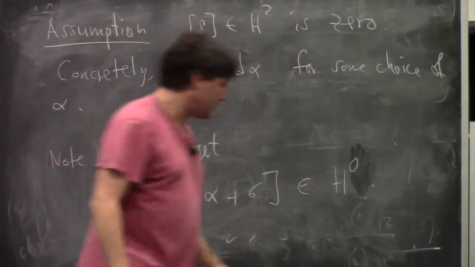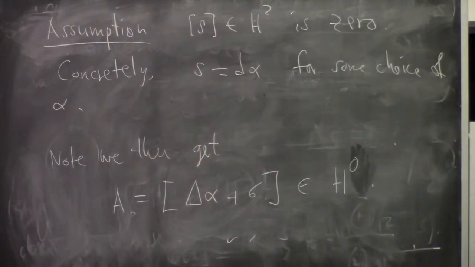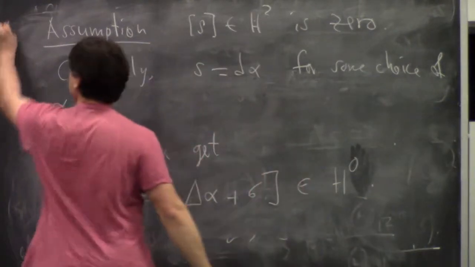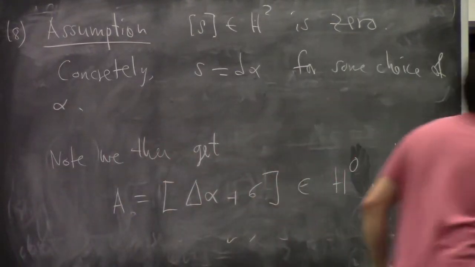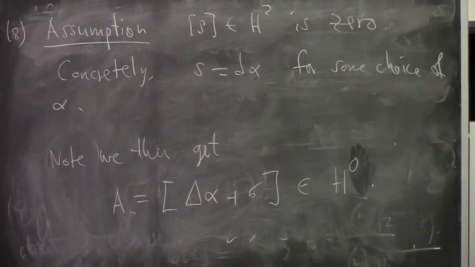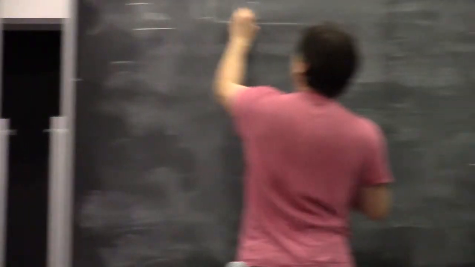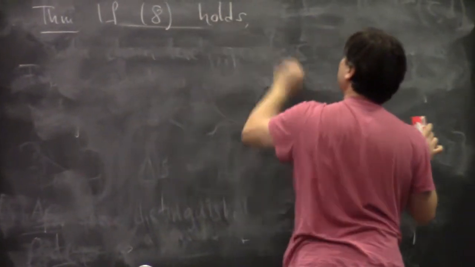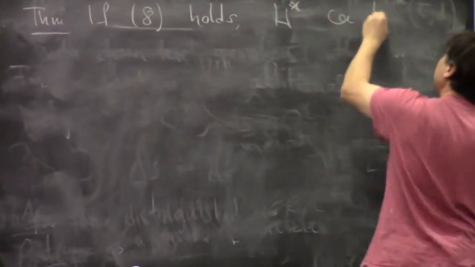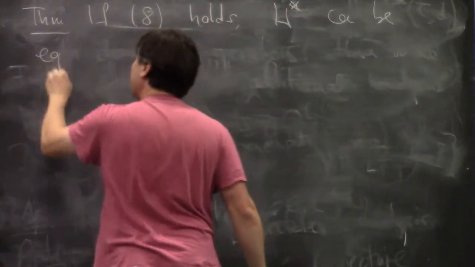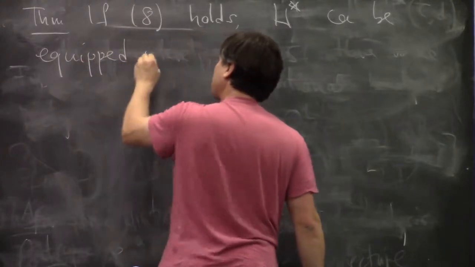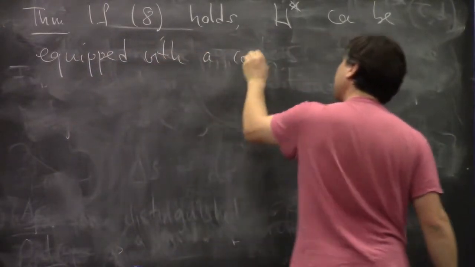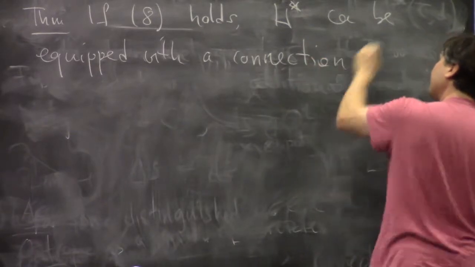But now, this is the first implication, but more importantly, I guess in the numbering, I should call this assumption 8. The following theorem. If 8 holds, H star can be equipped with a connection in Q direction, an honest connection.